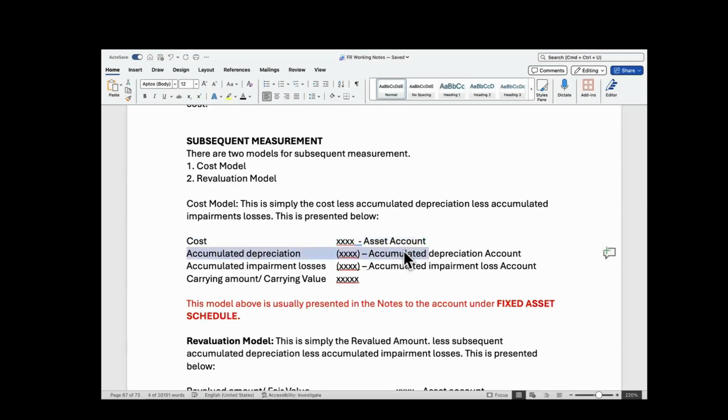Then accumulated depreciation, we need to discuss it. Impairment losses, we will discuss, but not in IAS 16, but in IAS 36. So there's another standard that deals with impairment losses. But IAS 16 actually deals with depreciation.